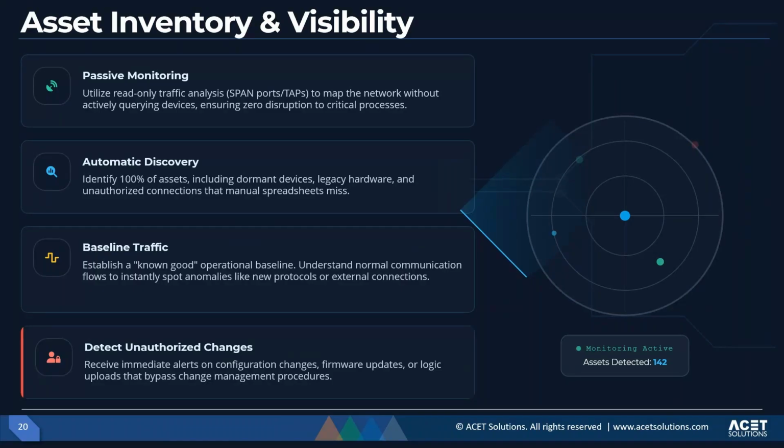In many cases, plants have legacy equipment added over a decade, undocumented network drops, vendor installed estates, or field devices that engineers assume are isolated, but are actually routable. Without clear visibility, it becomes nearly impossible to accurately assess risk or detect threats.